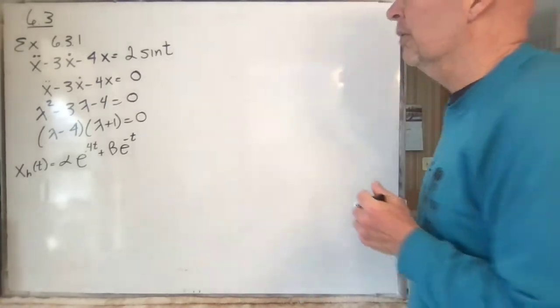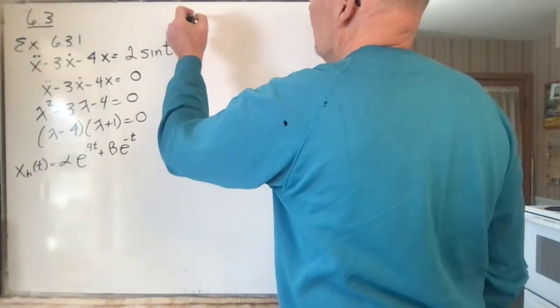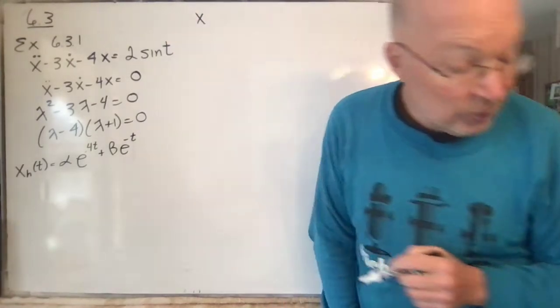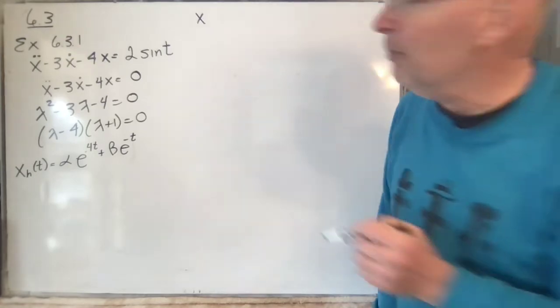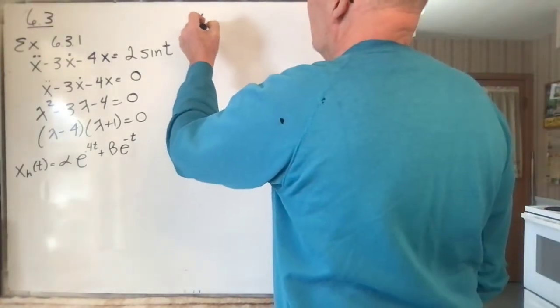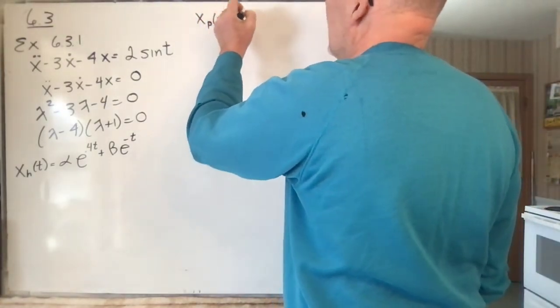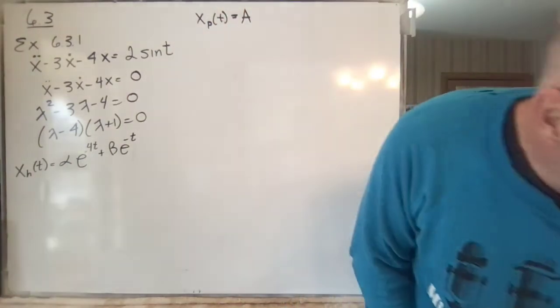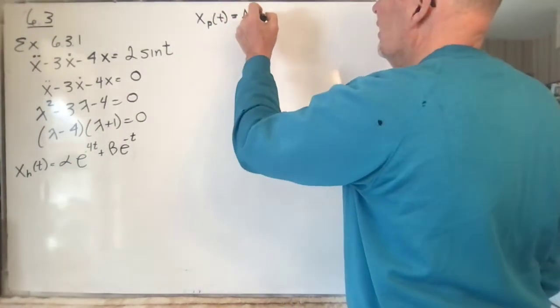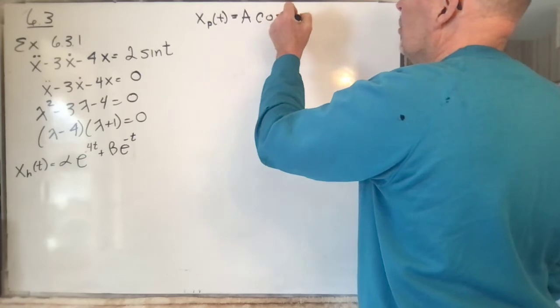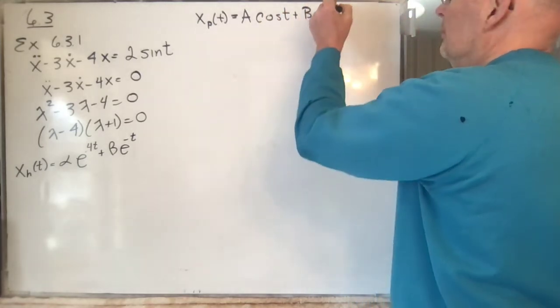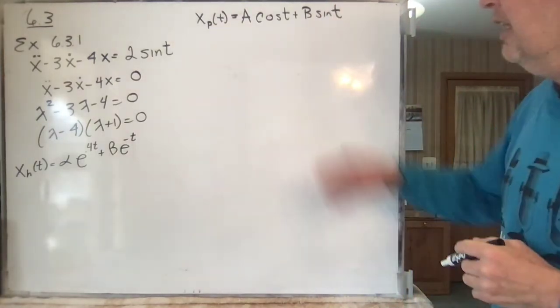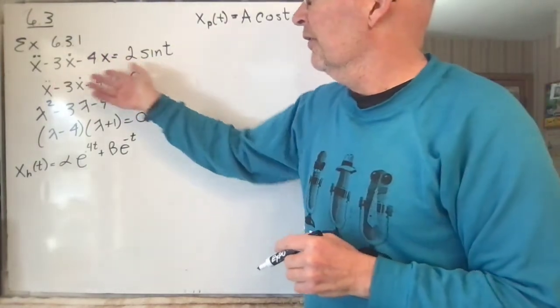So here's what we do. We just start off with, and again, let me use the same notation I had before, y sub p of t is equal to a times the cosine of t plus b times the sine of t. Okay? And then we just force it to fit this.